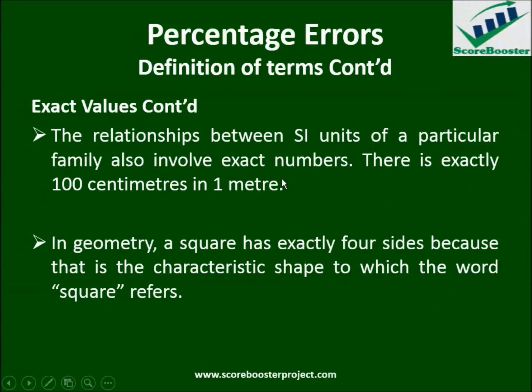Also, the relationships between SI units of a particular family involve exact numbers, such as the number of centimeters in a meter, which is 100. 100 has not been arrived at by approximating, but rather it's an exact value, and therefore 100 centimeters exactly make a meter.